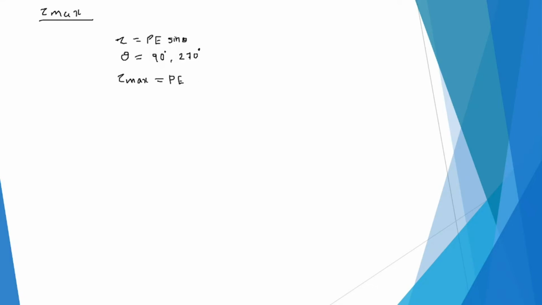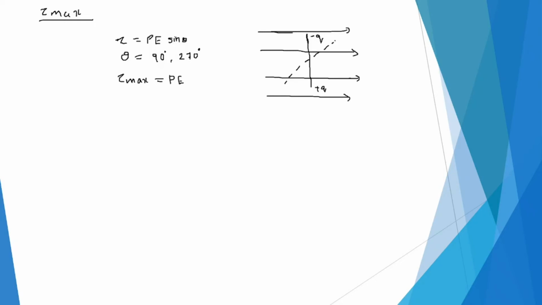So let's represent it in a diagram. When it is at 90 degrees and when it is at 270 degrees. At 90 degrees, the dipole will be in this direction. Here it will be our plus Q and this will be our minus Q. It is our 90 degrees because our first torque was like this. This was our first torque's direction.